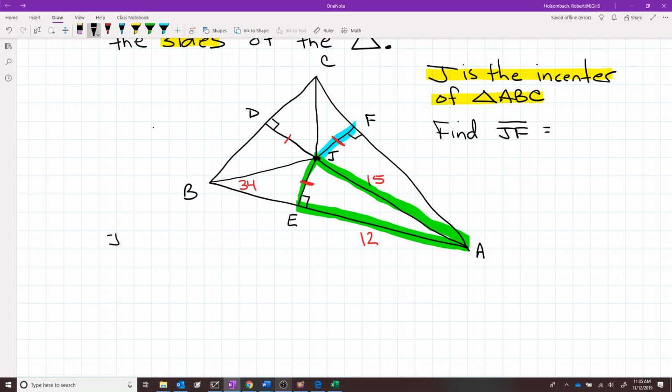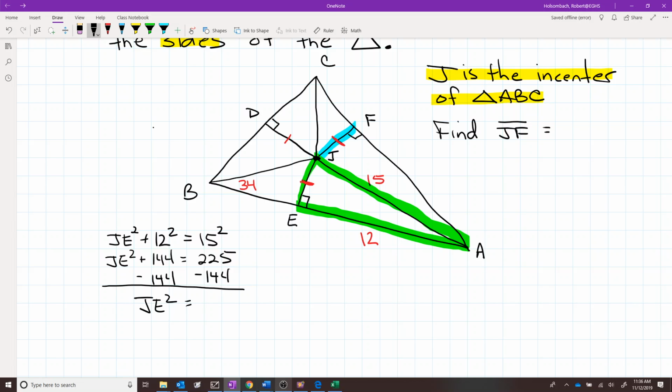So JE squared plus 12 squared equals 15 squared. So your JE squared plus 144 equals 225. If you subtract 144 from each side, then JE squared is going to equal 81.